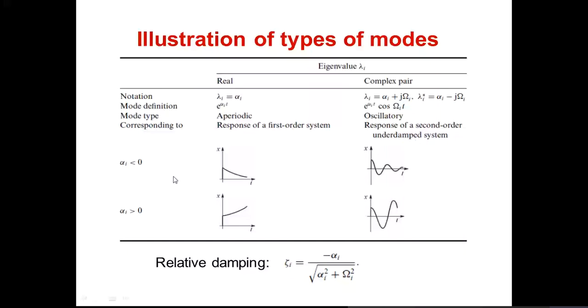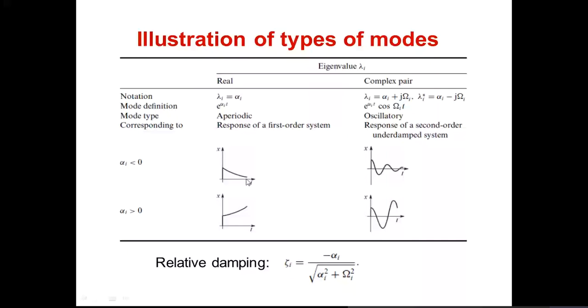Now, depending upon the value of alpha, the real part, if it is less than zero, you are likely to have a decaying component in the response of any state variable with respect to time.